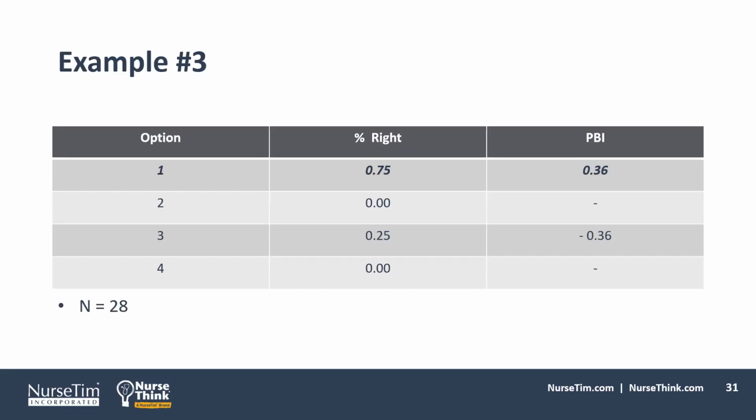So take a look at this one and see if you can figure out what happened. We've got 75% of our students got it correct. And we can see from the point by serial, those are the stronger students because it's positive. We can see that our low performing students liked answer choice number 3 because it's got a negative point by serial.